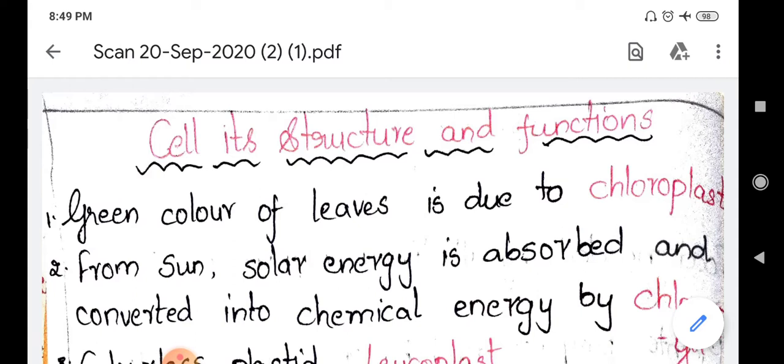Chloroplast is green in color, which imparts green color to the leaves. Even young stems are green in color, doing the process of photosynthesis. But as the plant grows older, the green stems change to brown in color. So the green color is due to the presence of the chloroplast. This is the first bit.